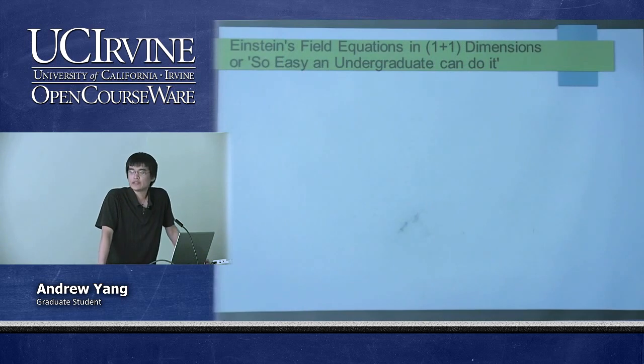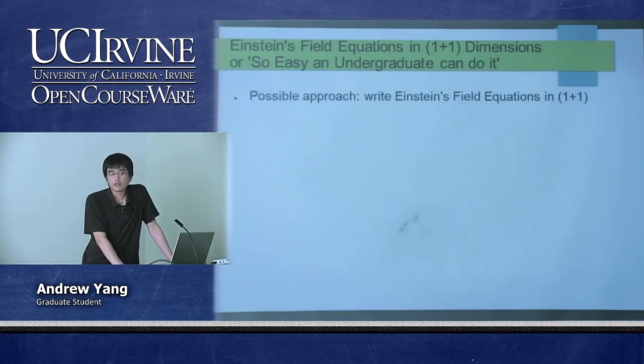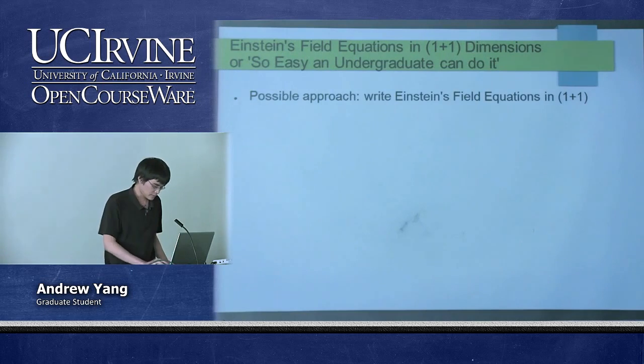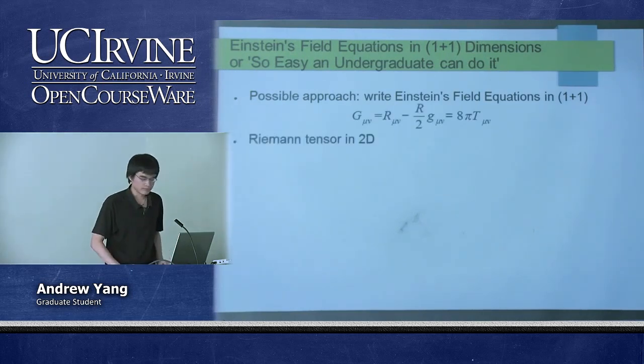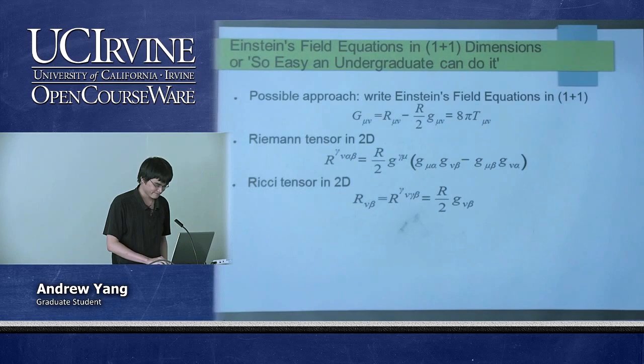So how exactly do we do gravity in 2 dimensions? Well, one possible approach is we can just take the Einstein equations and solve them in 1+1 dimensions. If we do that, we will need to write the Riemann tensor in 2 dimensions, which will give us an expression that we can contract into the Ricci tensor.